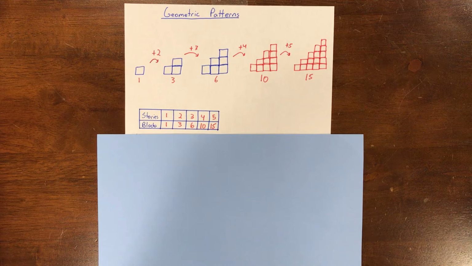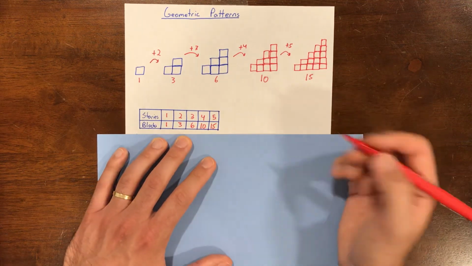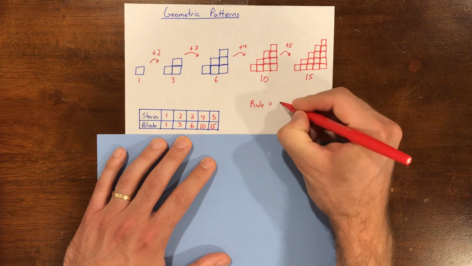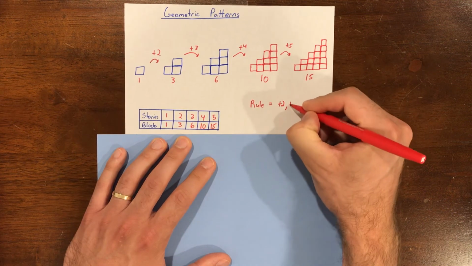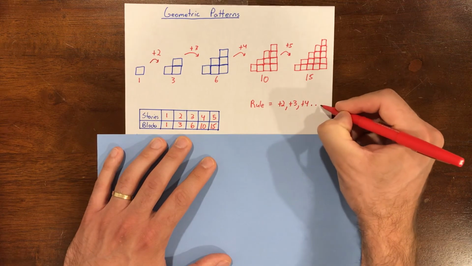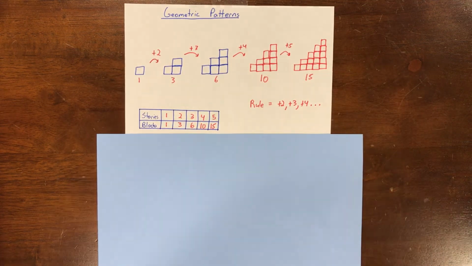So, what was my rule here? Say it out loud. Yeah, the rule was each time you add a tower, you're adding a tower that has 1 more cube than the previous tower. With numbers, I'm going to write it like this. The rule equals +2, +3, +4, and then I'll put these 3 dots to show that that increase just keeps happening.